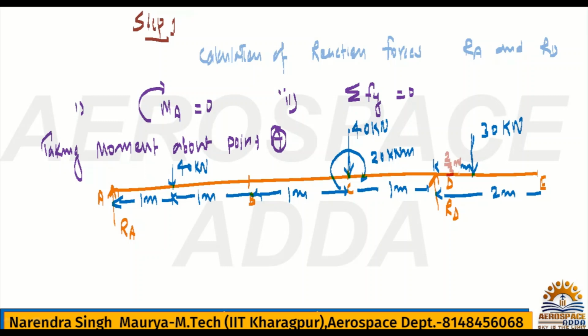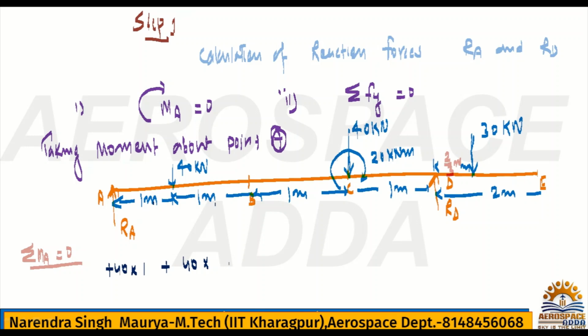All right. Now I'm going to find the moment first. So I will write the summation of moment about point A is equal to 0. Now I will write the moment equation. The 40 kilonewton will give a clockwise moment, so 40 into 1. Similarly, this 40 kilonewton also will give a clockwise moment, 40 into the distance, 3 meter.